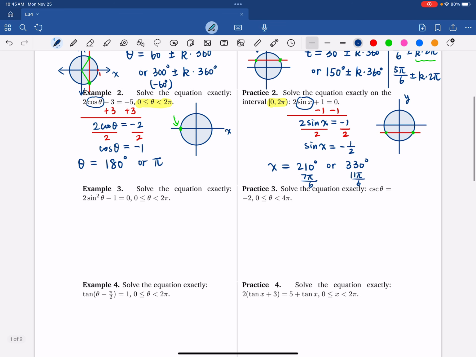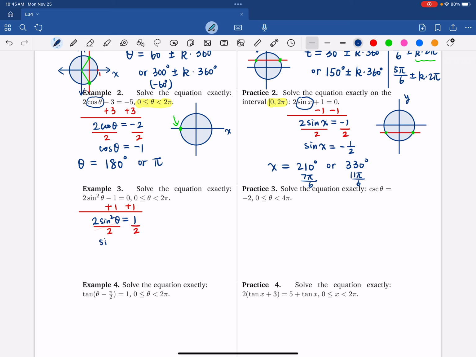All right, example 3, solve the equation exactly. This equation is sine, so we're going to do inverse operations, plus 1 on both sides. This gives us 2 sine squared equals 1. Then we divide both sides by 2.